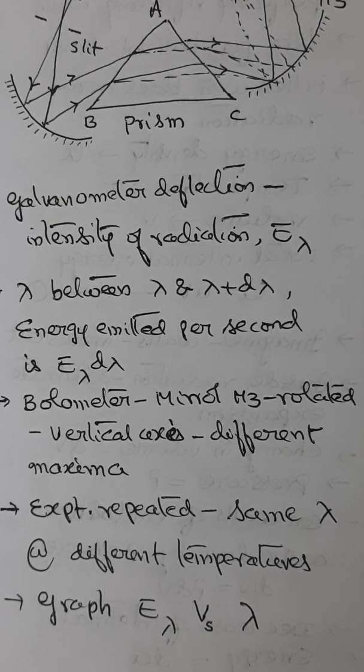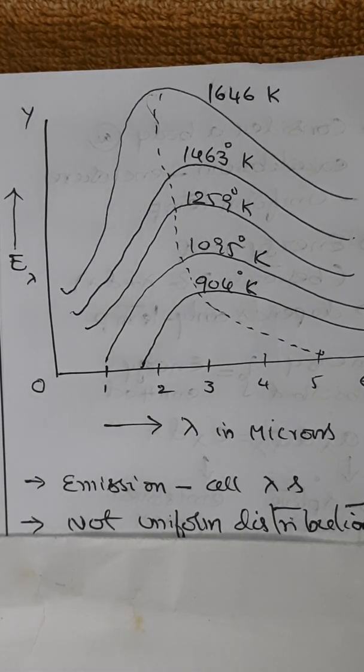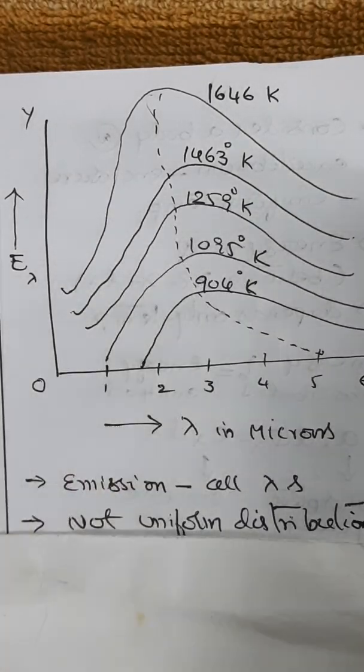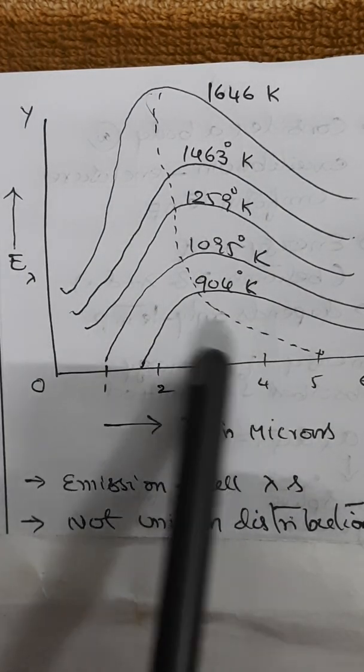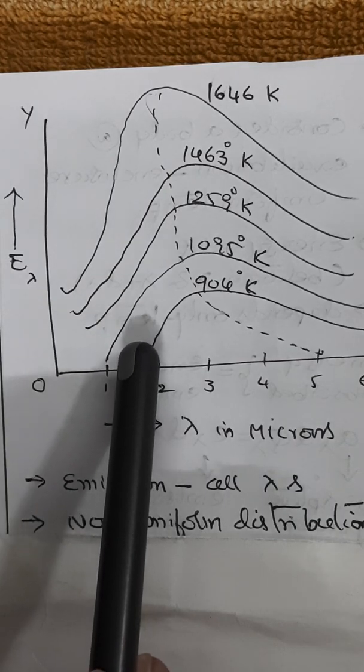Let us understand the graph and then interpret the experiment results from that. This is the experiment result based curve of Lummer and Pringsheim experiment. Curves were like this. Now if you look at these curves, we can find certain points.